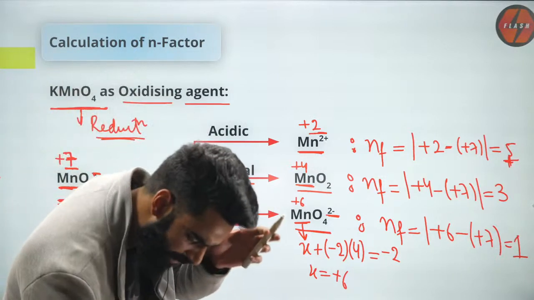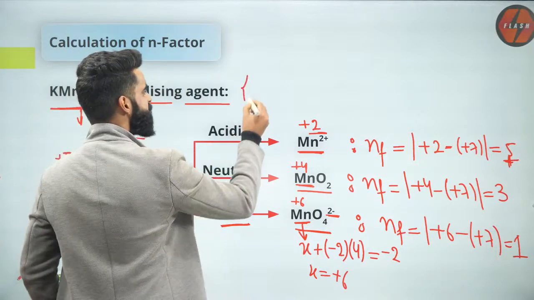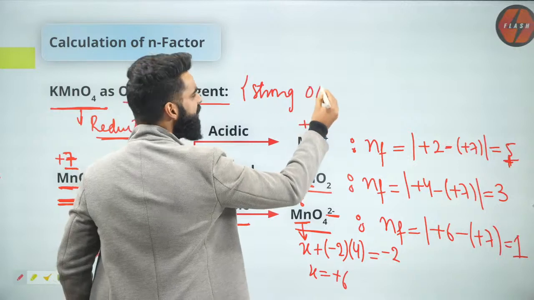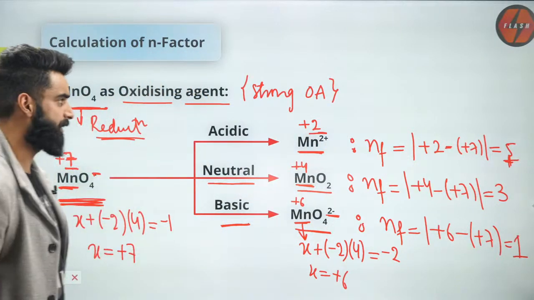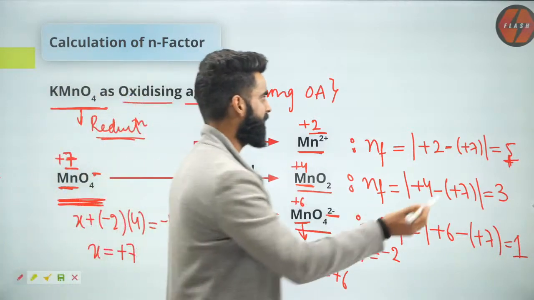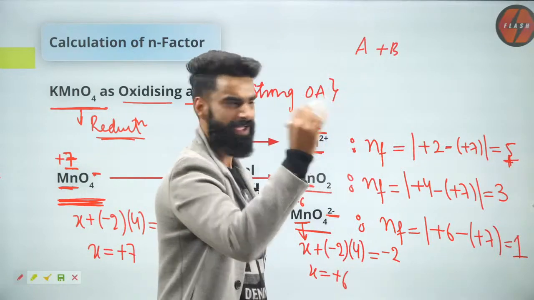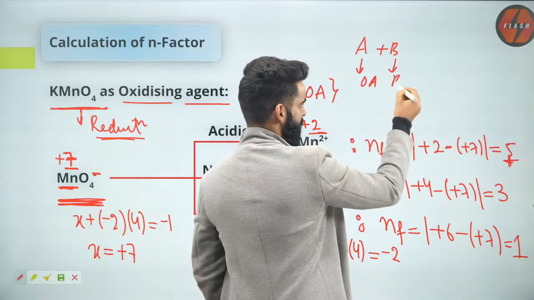Okay, now people, what I told you is, this KMnO4 acts as a strong oxidizing agent. So we are going to talk about certain reactions of this KMnO4. People, just have a look. Let's say I've got a reaction as A plus B gives something plus something. If A is the oxidizing agent, then B should be the reducing agent, right?